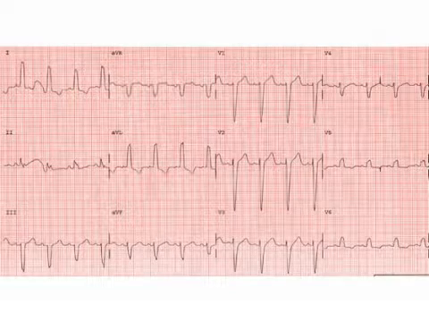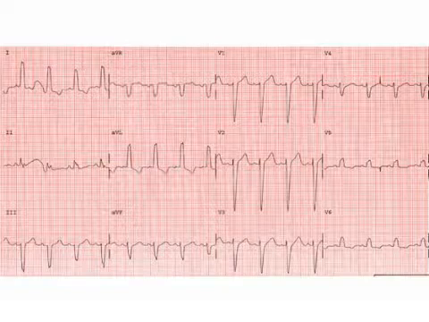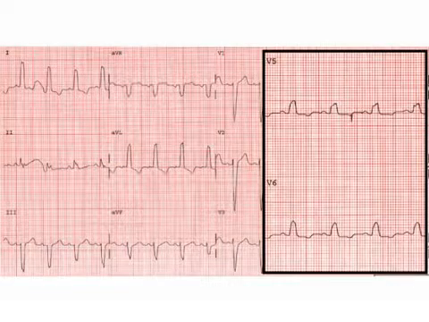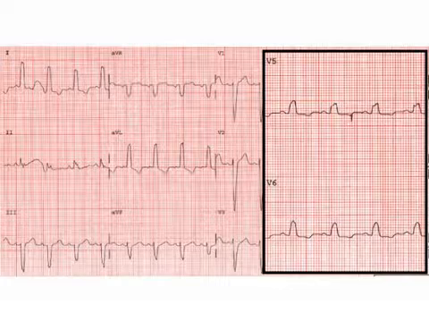The next example, again focusing on the QRS duration and the so-called rabbit ear pattern, especially in V5 and V6, although the pattern isn't quite as clear here as in right bundle branch block, this is a left bundle branch block.